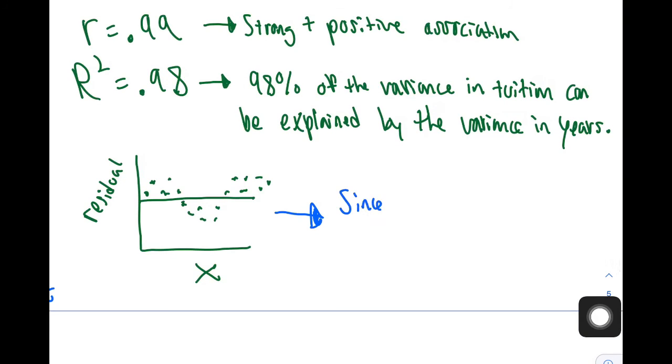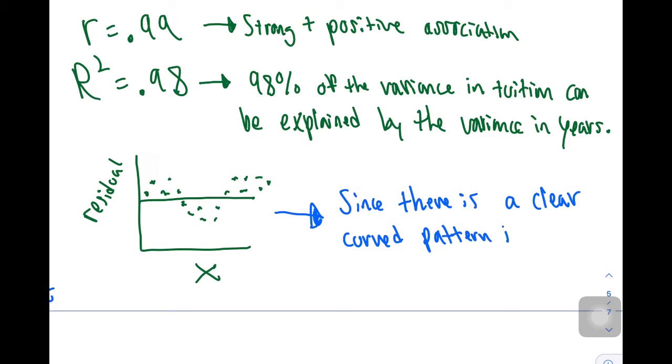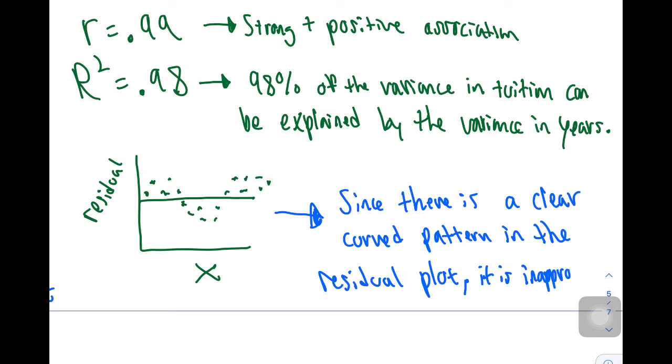So I'm going to say this. Since there is a clear curved pattern in the residual plot, it is inappropriate to use a linear model.